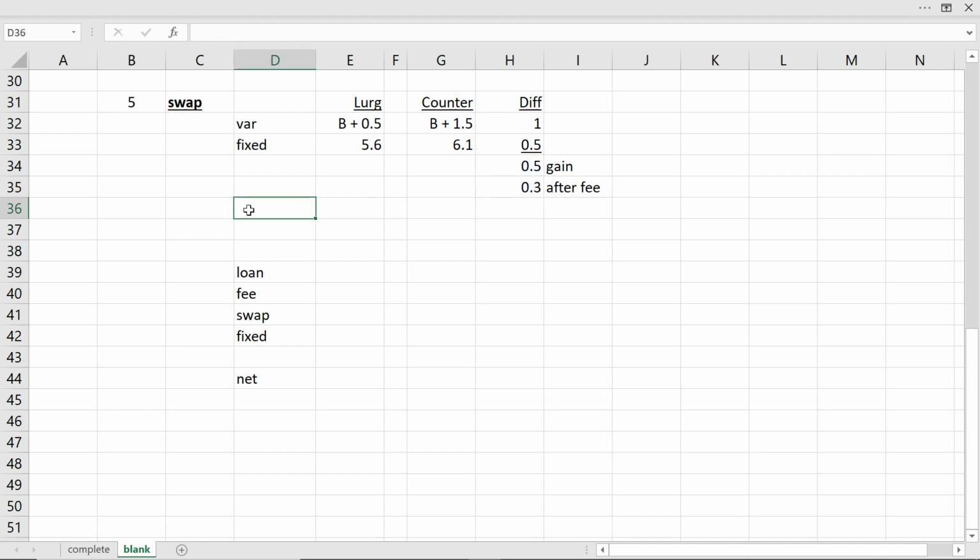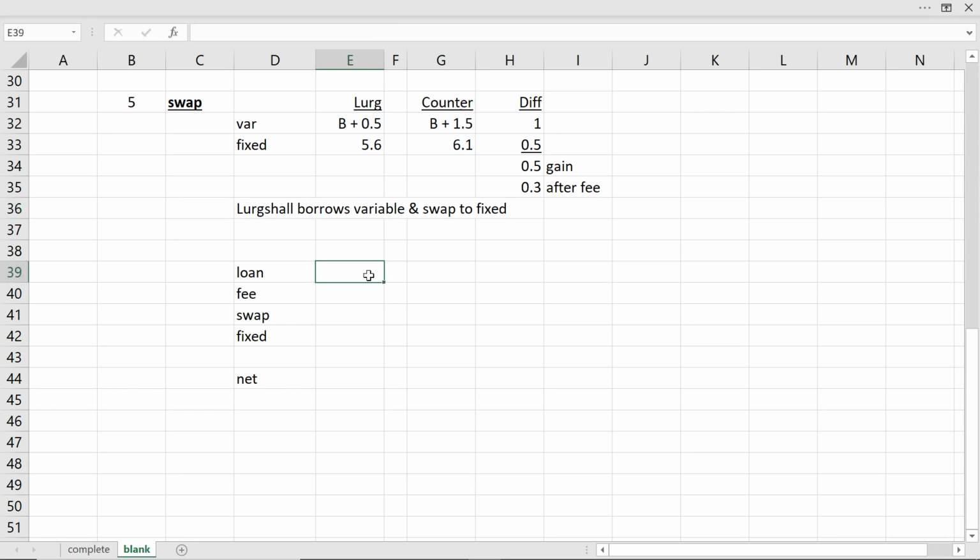And what's going to happen is that Lurgshall is going to borrow at a variable rate. And then it's going to swap to a fixed rate. And once I've identified that, I can go through the mechanics.